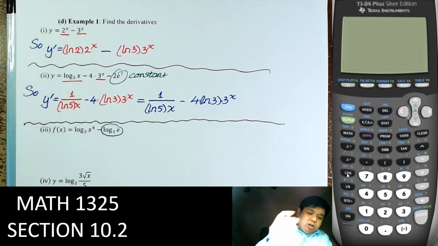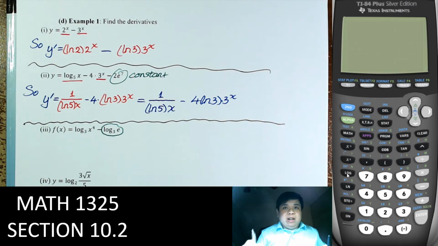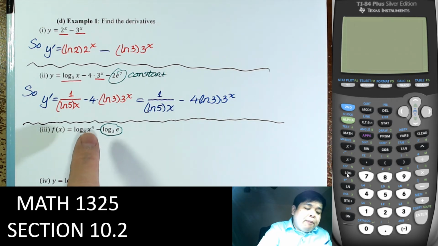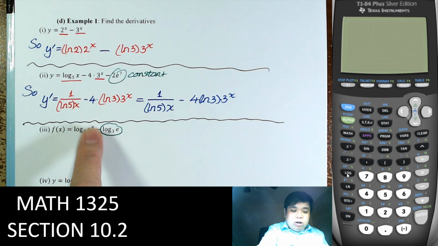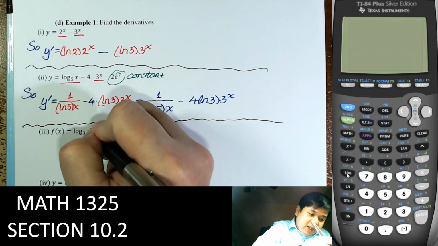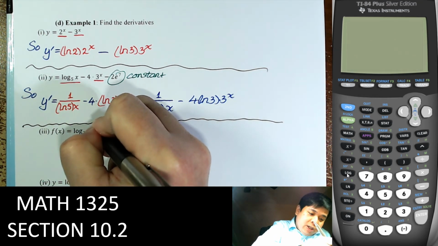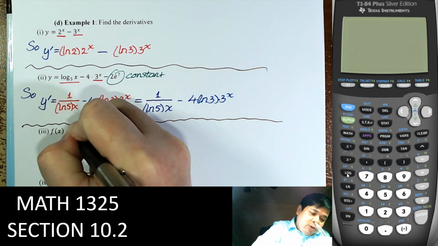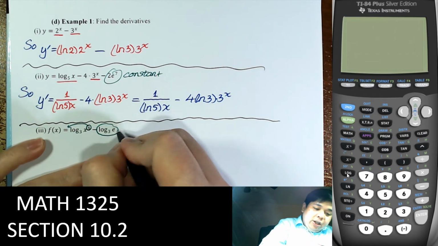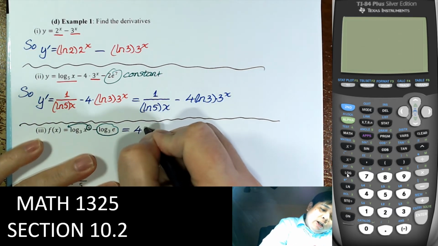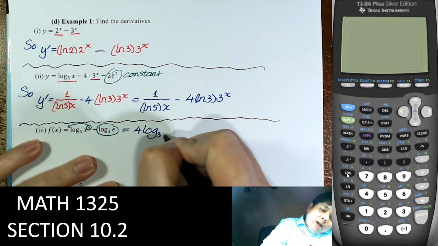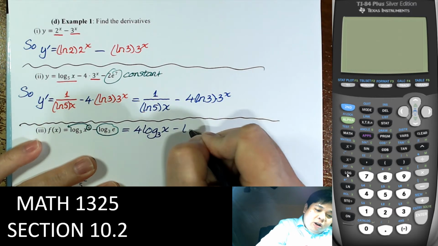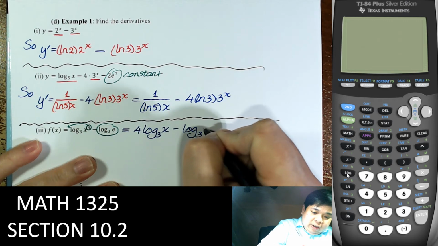So that term doesn't really do anything in the derivative. It's going to be 0. Right, so we need to take out the 4 on the exponent. So the way we do that is we can move the exponent outside. So we'll rewrite as 4 times log base 3 of x minus log base 3 of e.